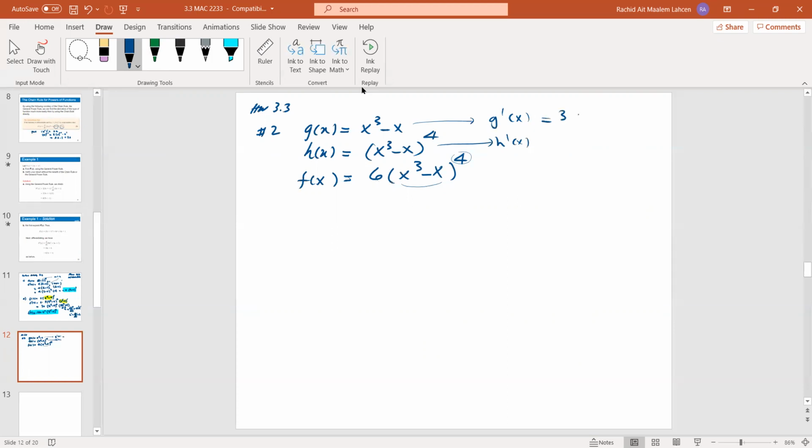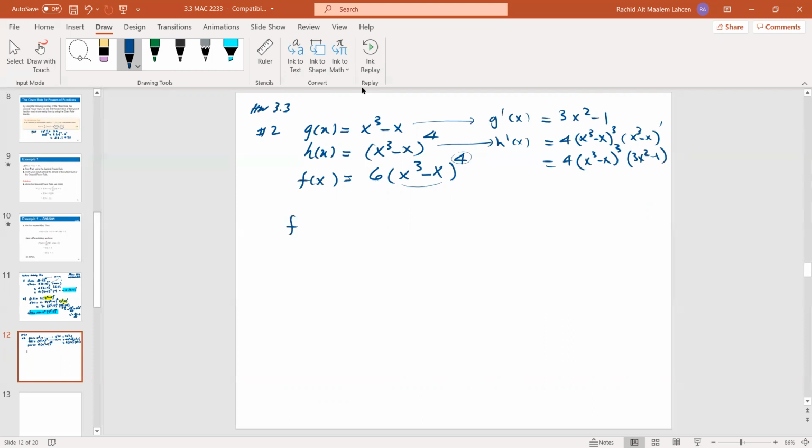So g prime is 3x squared minus 1. Here you can do it here, or you can do it in the next part. So h prime is 4 times (x cubed minus x) to the third, and you need the derivative of the inside, right? The derivative of x cubed minus x. So you need 4 (x cubed minus x) cubed times (3x squared minus 1).